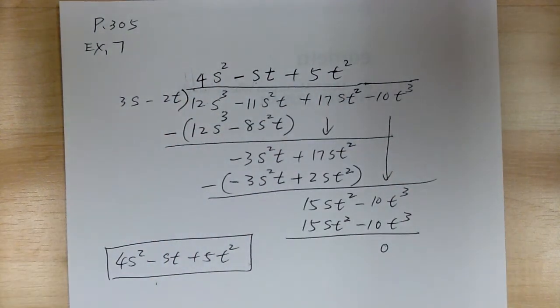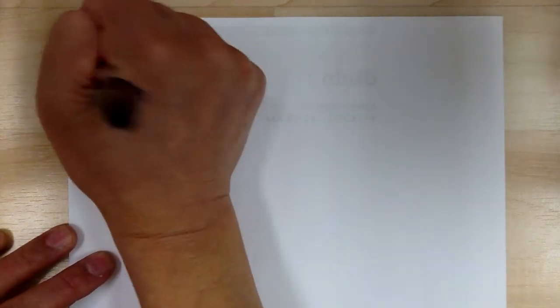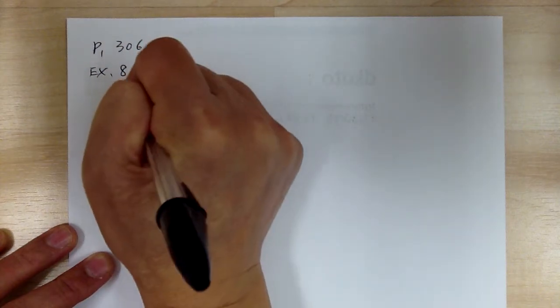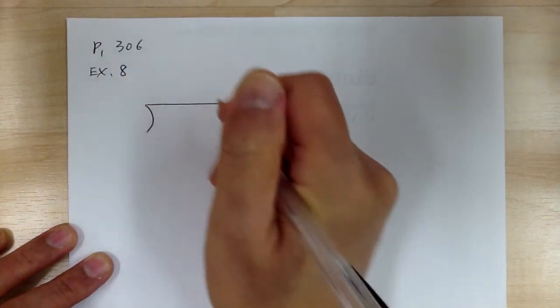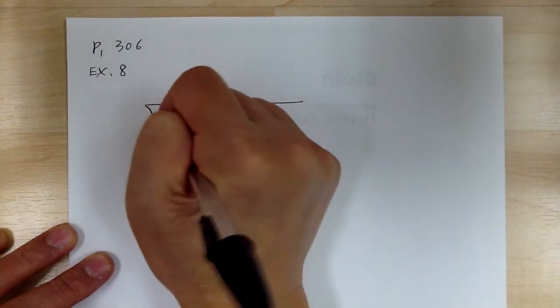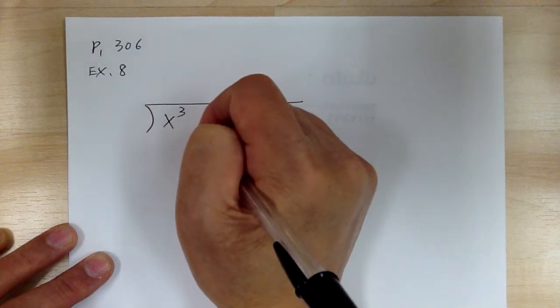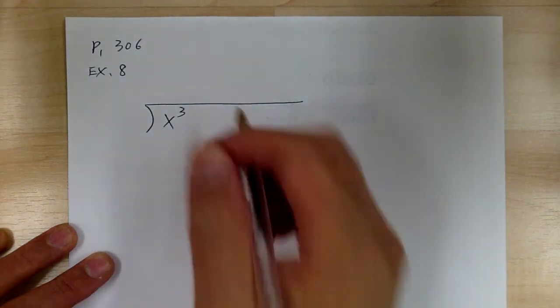Okay, let's go to the next example. Let's go to example 8. Example 8, you're going to have x to the 3. Now, there's no x squared, but you need to leave a space for it.